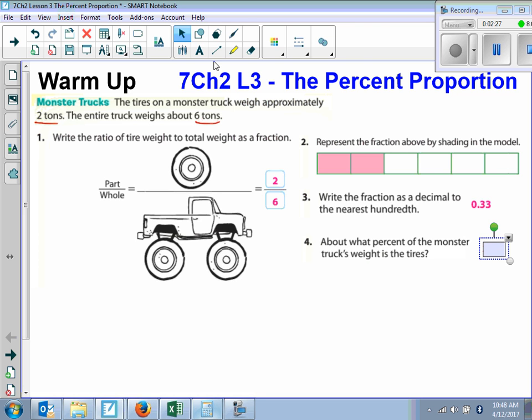So if I move this decimal 2 places to the right, what percent is that? 33%. Very good. And remember, moving the decimal 2 places to the right is just multiplying times 100, just like moving 2 places to the left was dividing by 100.